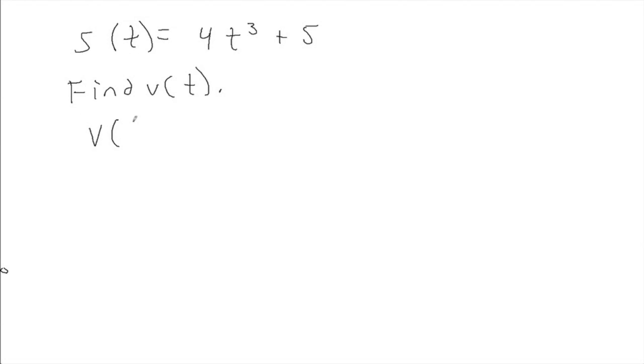The key there is you remembered V is S prime. What does S stand for? S is the position. And what does V stand for? V stands for velocity. Right, good. It's good that we were reviewing those ideas.